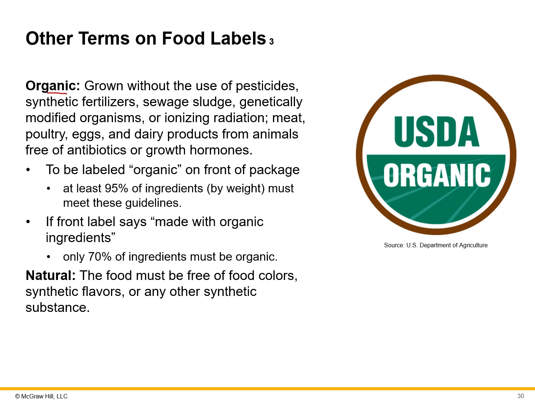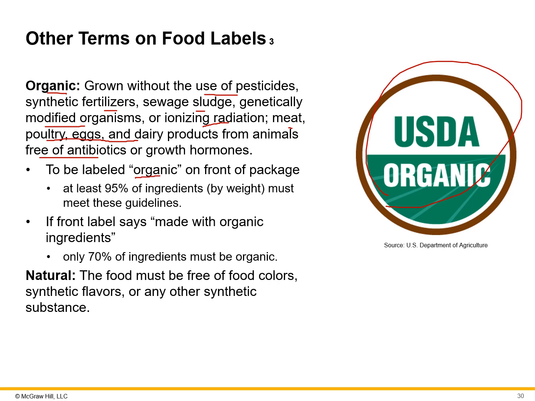So organic, we see this a lot more. You might see a label like this where it's USDA organic. This means that it's grown without the use of pesticides. There are no synthetic fertilizers or sewage sludge. It is not genetically modified. There's no ionizing radiation used. The meat, poultry, eggs, and dairy are from animals that are free of antibiotics or growth hormones. All of those have to be true for it to be labeled organic.